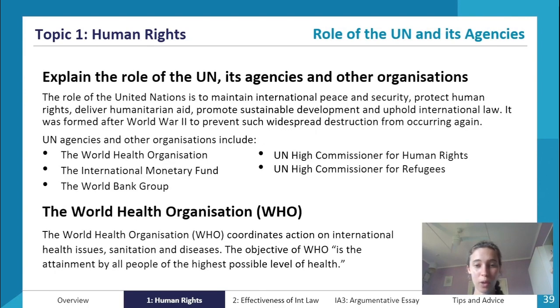Explain the role of the UN, its agencies, and other organizations. So there are quite a few organizations that are part of the UN. So the UN, in general, the role of that body is to maintain international peace and security, protect human rights, deliver humanitarian aid, promote sustainable development, and uphold international law.